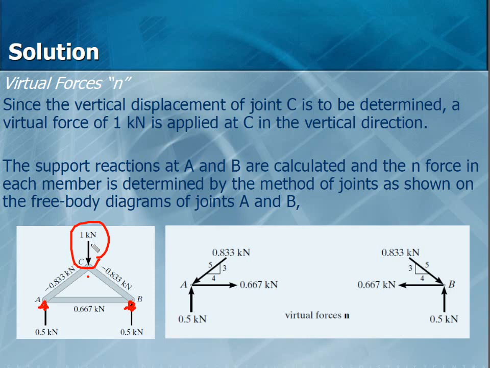So assuming that the force is downward means I am assuming that the deflection is downward. How do I know the deflection is downward? It doesn't matter. You can assume a different direction, but the result is going to tell you if it is true or not, only in direction. The result is still going to be true.